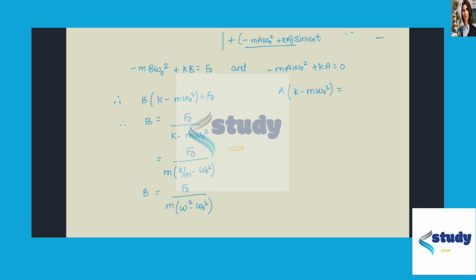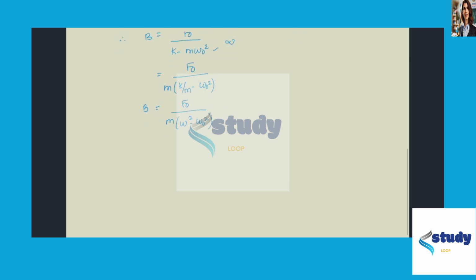We know this factor cannot be 0, otherwise b would become infinity, so a must be 0. So the particular solution is yp equals b, which is f naught over m times omega square minus omega naught square, times cos omega naught t, since the a part is 0.